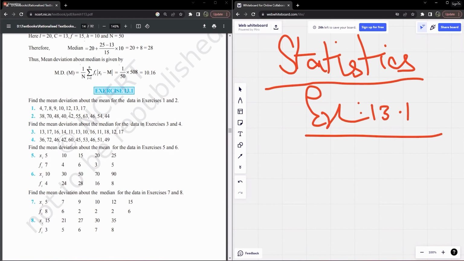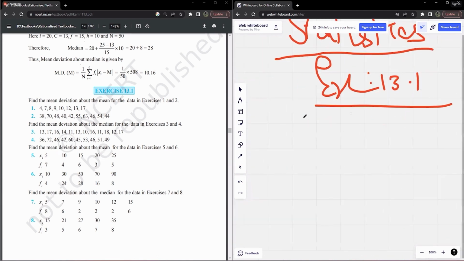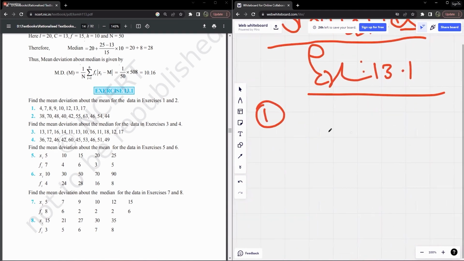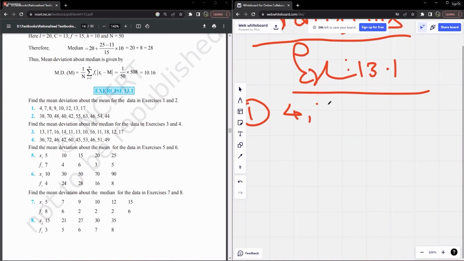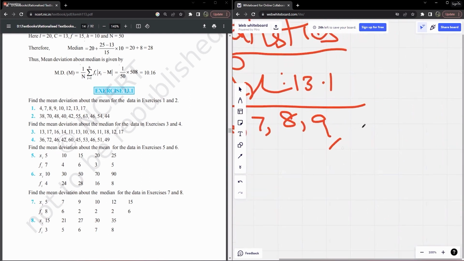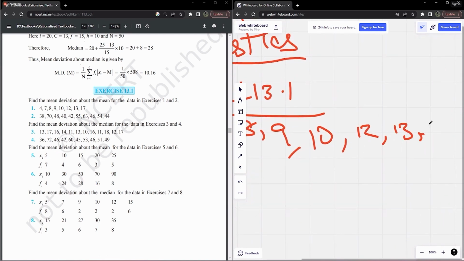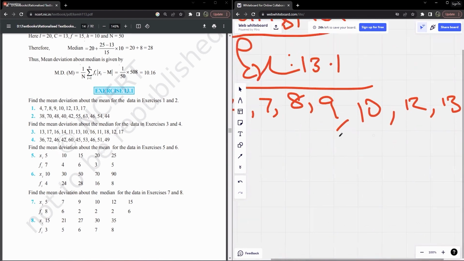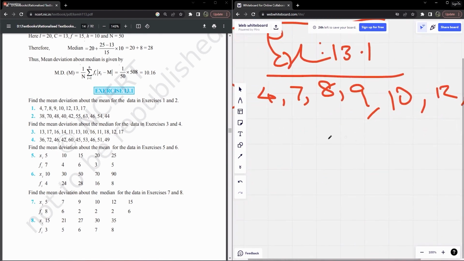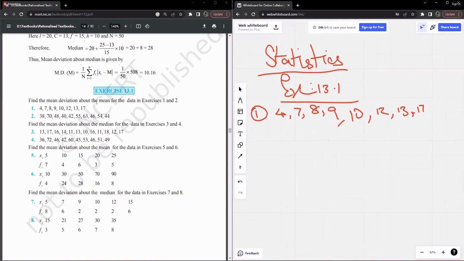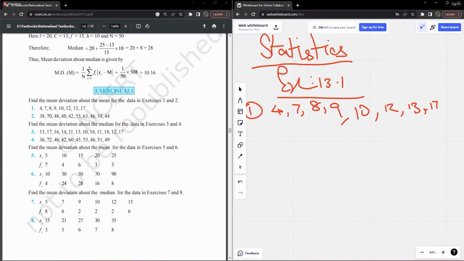We have the first question being about the mean deviations about the mean for the data sets given. Question number 1. Your data set is basically 4, 7, 8, 9, 10, 12, 13, and 17. First things first, know that for the mean deviation about the mean, you have to find the mean of the data.